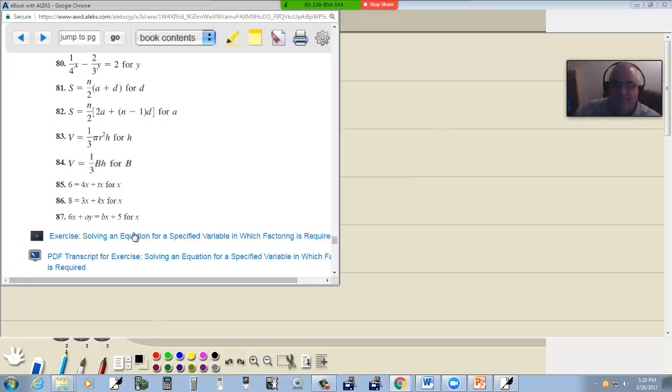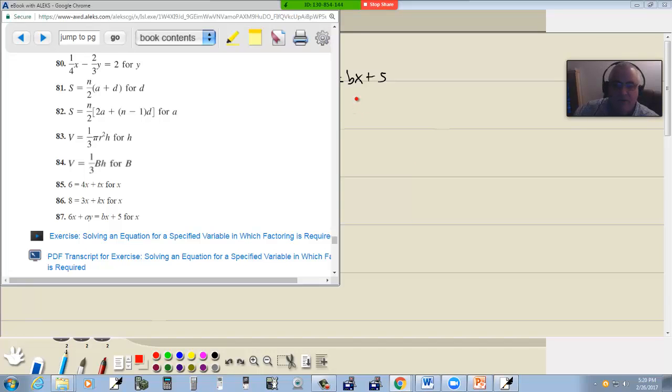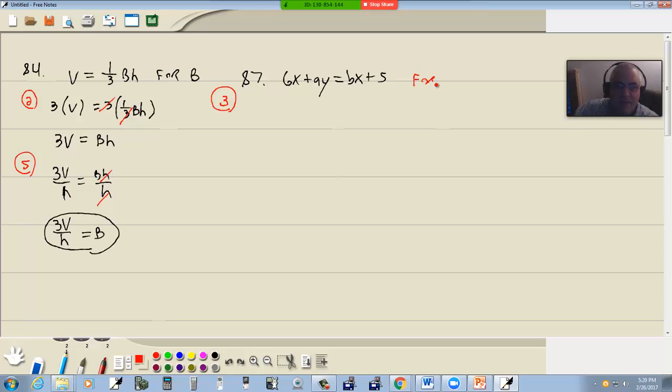Now let me look at another one. Number 87. We got 6x plus ay equals bx plus 5. Now step 1, get rid of parentheses. Don't have any. Step 2, get rid of fractions. Don't have any. Step 3, get everything with the variable we're solving for, which is x, on one side, everything else on the other. So I'll take this bx and move it over.